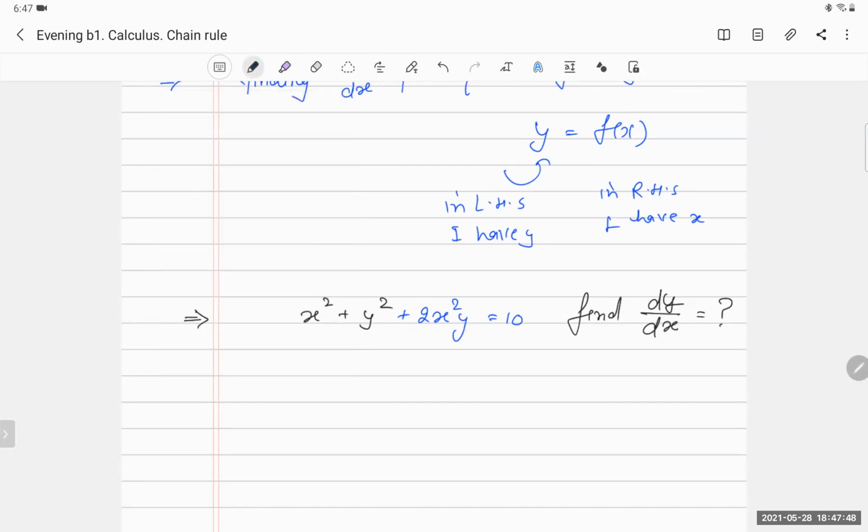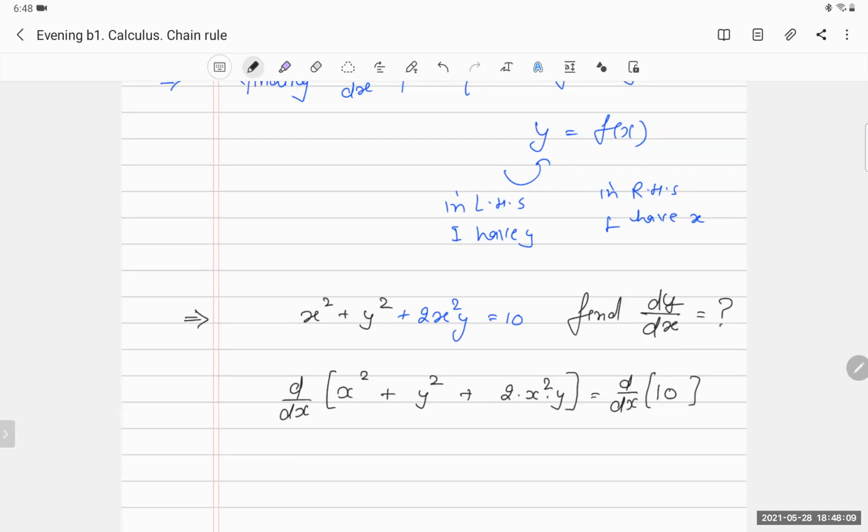To solve such a situation, what I'll do, I will say x square plus y square plus 2x square y equal to 10. So can I do one thing? I will make the bracket and in the whole equation I can take out dy by dx, right?